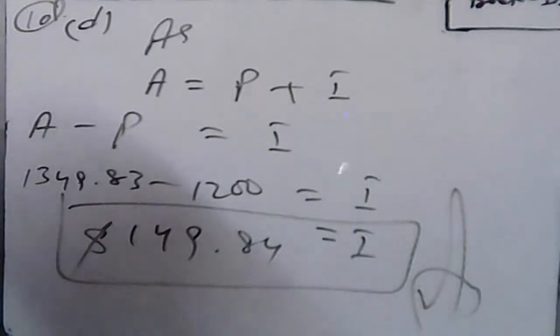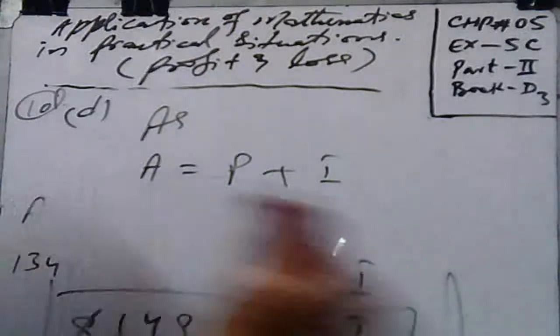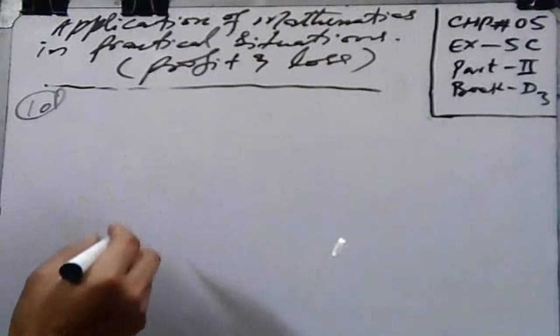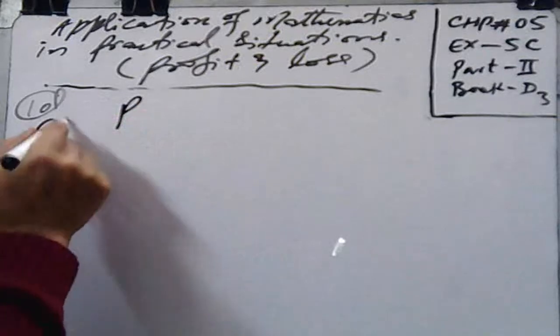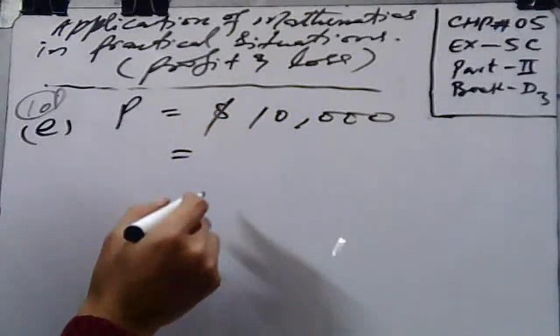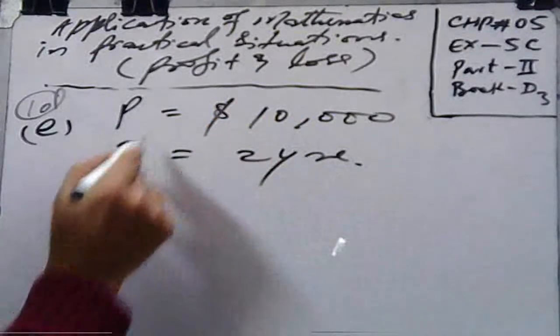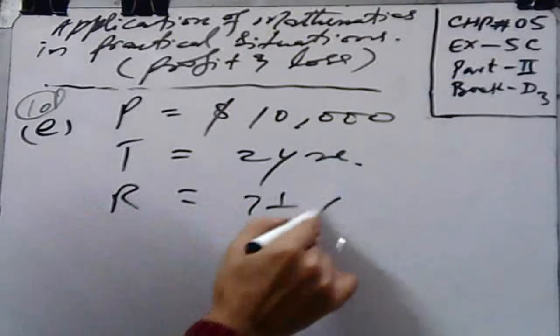Now in part E, we have $10,000 for 2 years. That is the principal amount, $10,000 for 2 years, and the rate of interest is 7 whole 1 by 2%, which is equal to 15 by 2%.